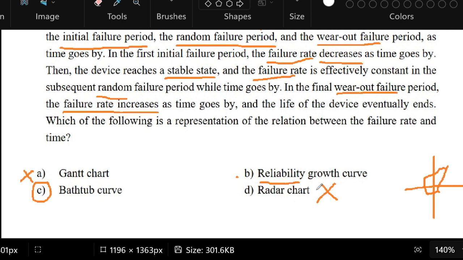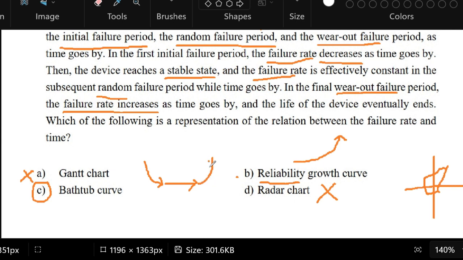And then, eventually, I learned that because we're also talking about growth, then it should be going up. If you're growing, then it should be going up. But if you look at the inputs, the number of failures goes down, and then it goes into a stable state, like a plateau, and then it increases again.